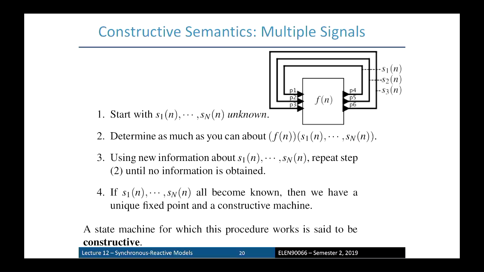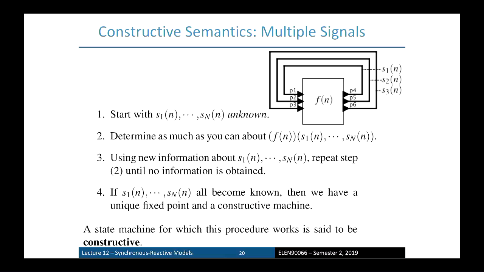That might give you more information to populate others as you go around, and you keep going until you get no further information about these values. If they're all known, you know exactly what their values are, then you've got a unique fixed point. The machine's happy in that state. All these signals are well defined, and it's a constructive machine as well.